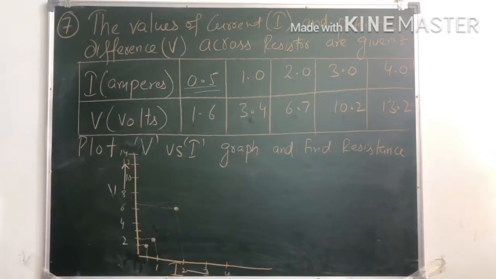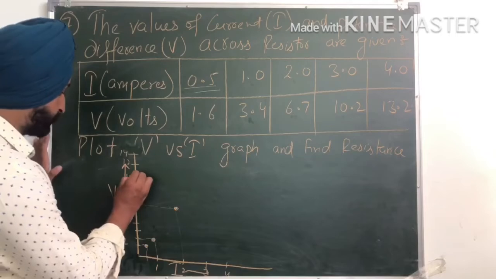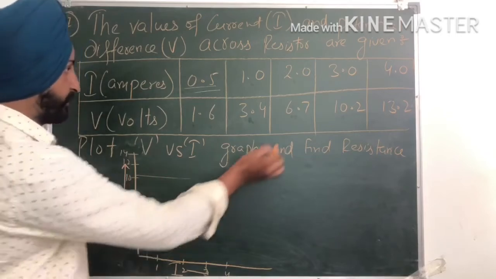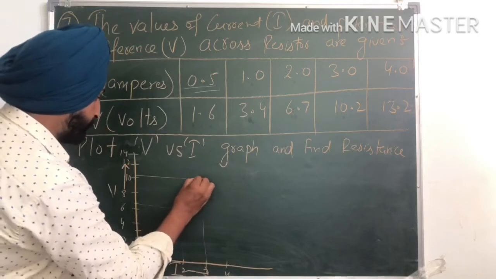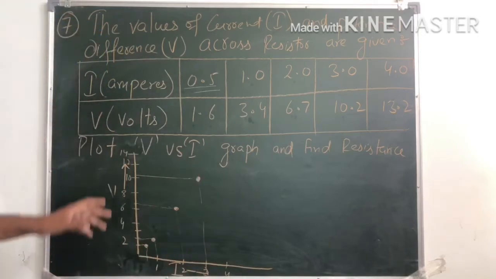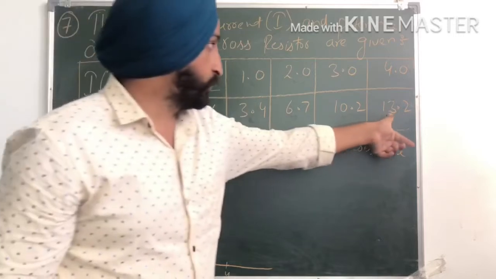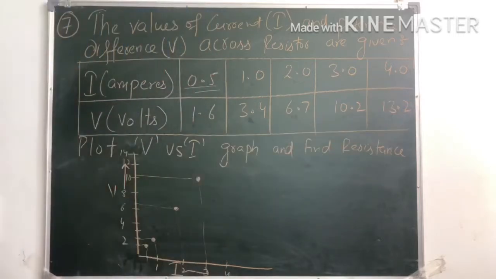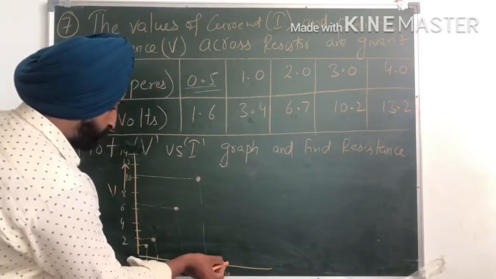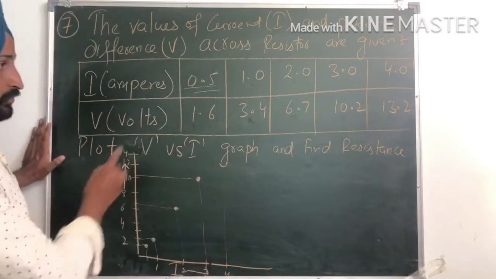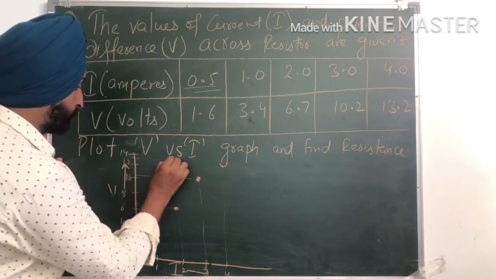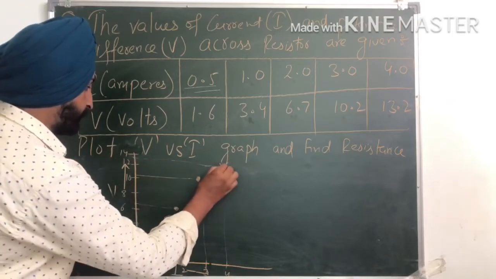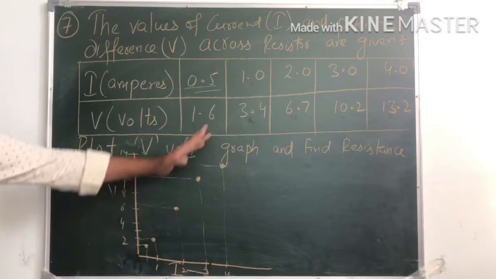So voltage of 10.2 will be somewhere over here and current is 3. So my point will lie somewhere over here. Similarly, corresponding to 13.2, I have 4 ampere of current. So it will be somewhere over here. So in this way, I will get all the points.